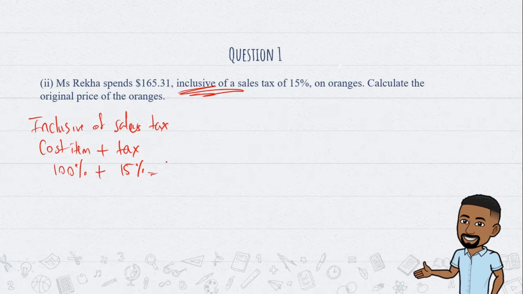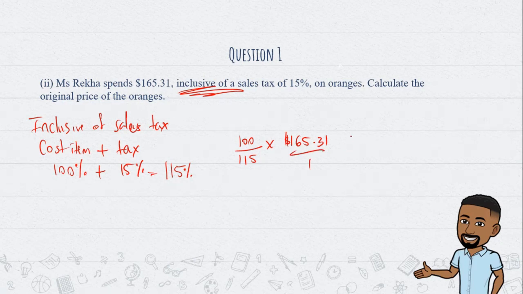So looking at it from a percentage point of view, that's 115% that she spent on the item. So 100 out of the 115 multiplied by $165.31.